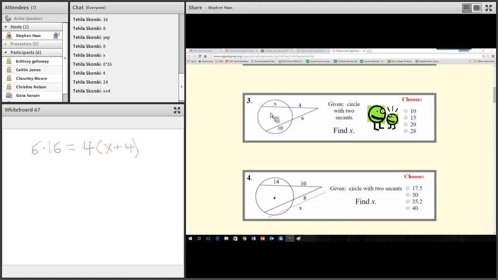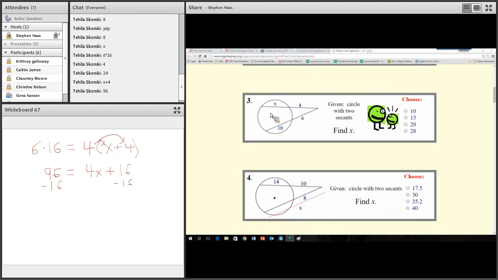Now we can do this like we would any other algebraic equation. 6 times 16 is 96? Okay, equals, and here we can distribute it out. 4 times x is 4x. And then we have to multiply the last part here too, which is plus 16. Then we can subtract 16 from each side.